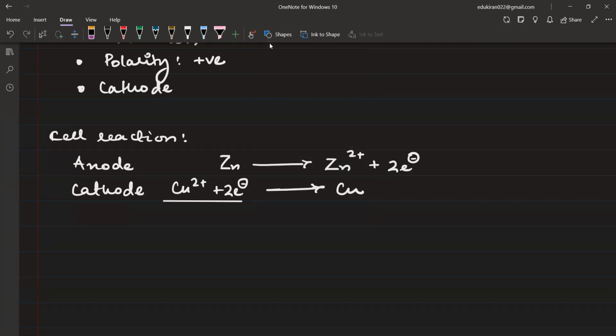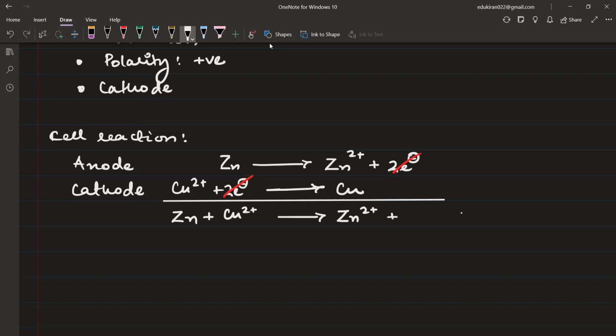If I look at the complete reaction, I will add them. While adding, I hope you remember that we can cancel these 2 electrons, yes or no? And here we get Zn2+ plus copper.